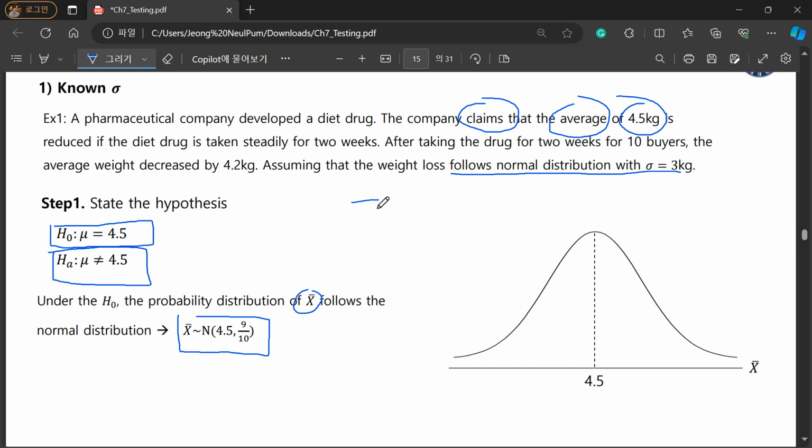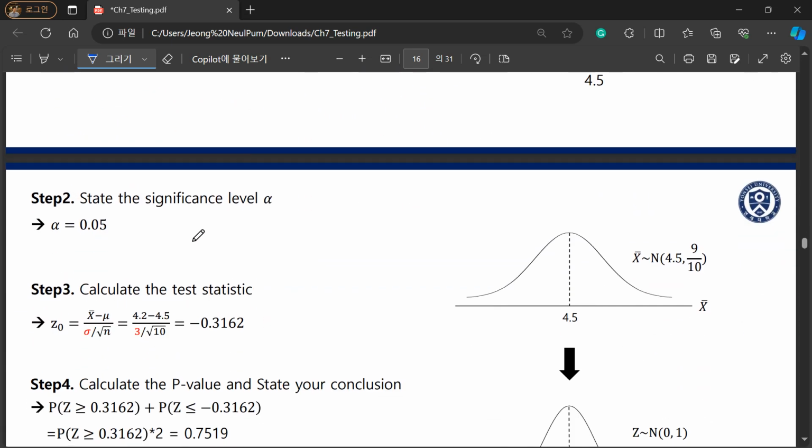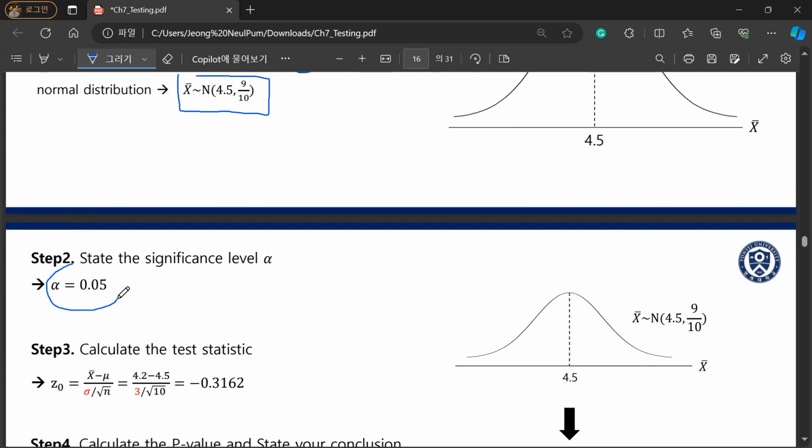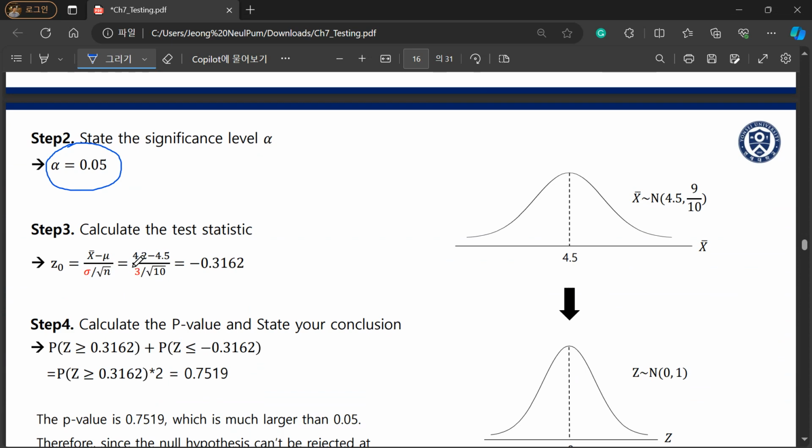We observe that the sample mean is 4.2 with sample size 10. And let's say that our significance level alpha is equal to 0.05.